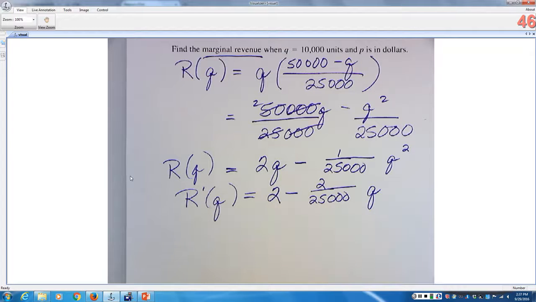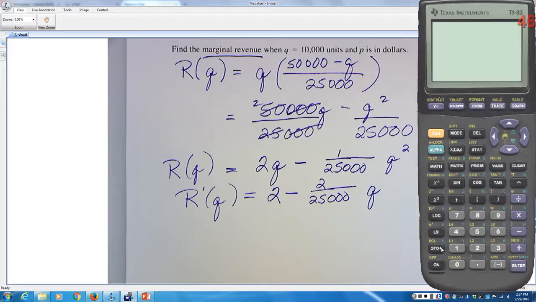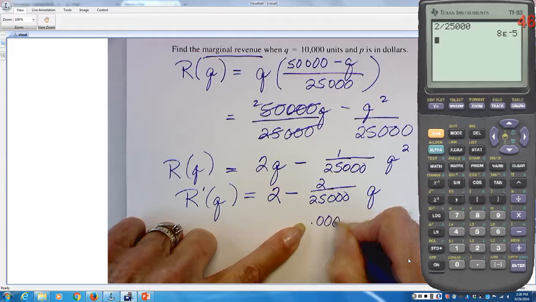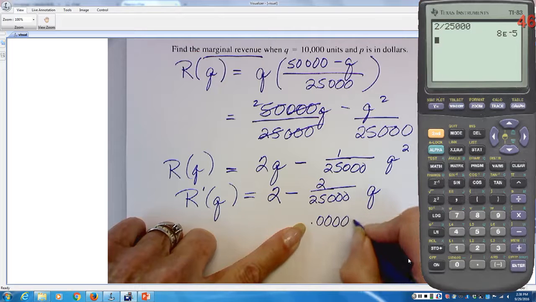This is going to be kind of hard to work with, so we're going to get a calculator and change that 2 over 25,000 to a decimal. Okay, now that E negative 5, remember, means 0.00008.